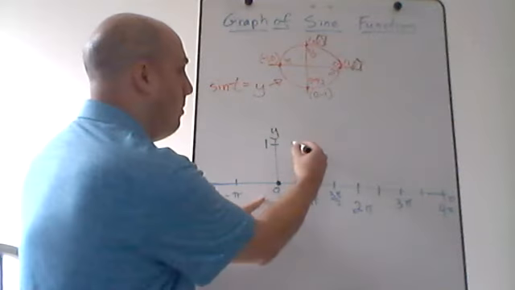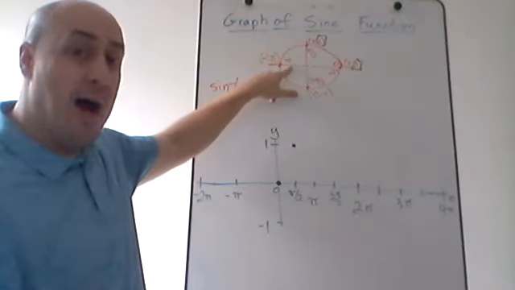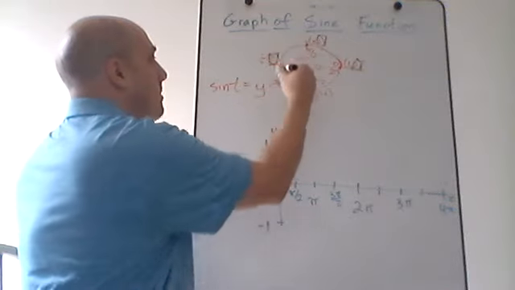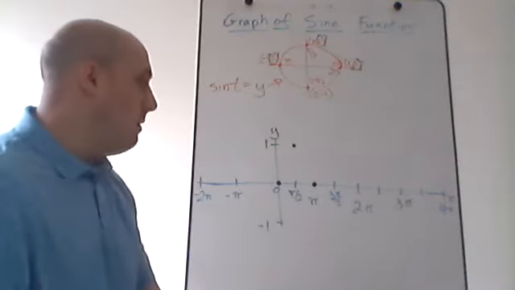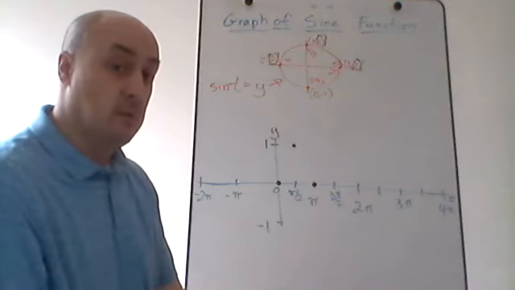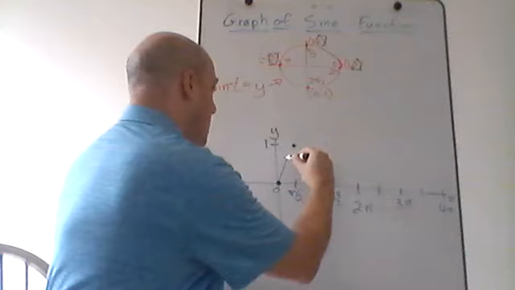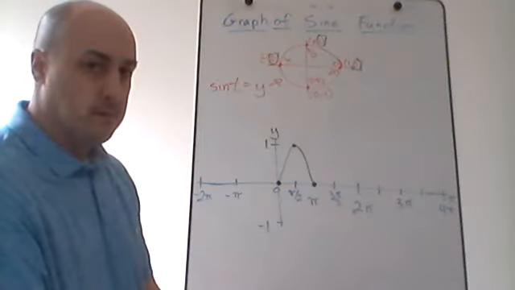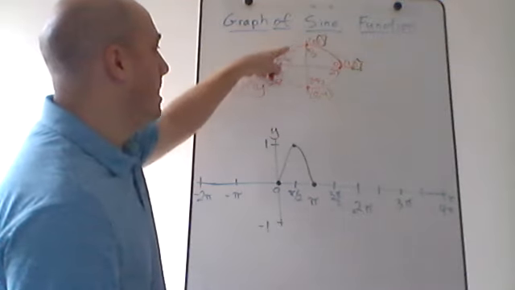So after I hit that high point at 1, my graph is going to decrease, and when I get to my t value of pi, which is halfway around the unit circle, I have a y-coordinate of 0. So at t equals pi, my y-coordinate becomes 0. My graph goes from 0 up to 1 and back down to 0, just between 0 and pi.